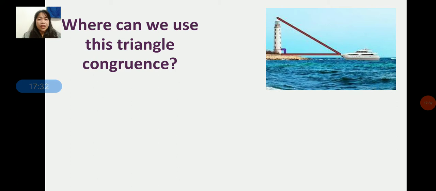So we all know that triangles are congruent by CPCTC, but where can we use these triangles? Okay, we can use it in science, in calculating angle of elevation and depression, as well as the distance from the lighthouse, or for safety reasons as our travelers or seafarers travel at night.